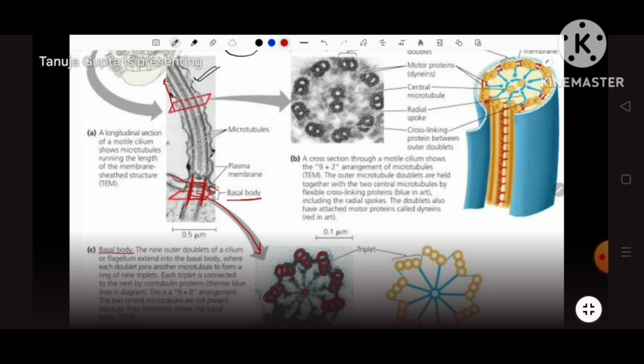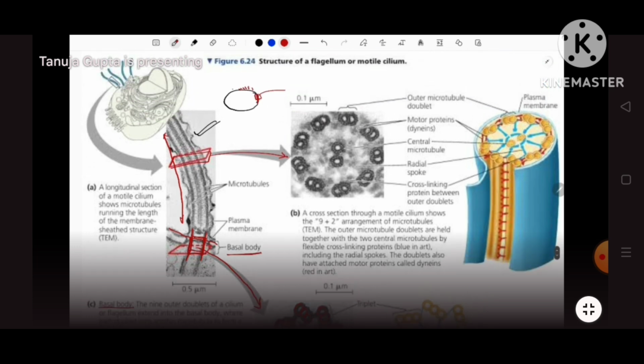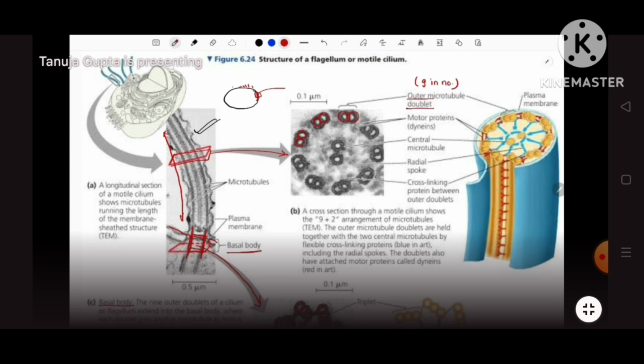Now the upper body, if we have a look at this whole upper body, it has only 2 microtubules in the center. There are 9 sets of doublets of microtubules in the outer part.